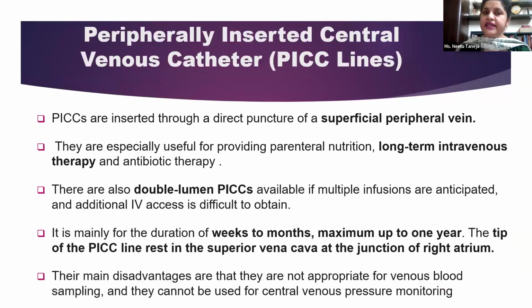Then come the PICC lines, or peripherally inserted central venous catheters. They are inserted through a direct puncture of a superficial peripheral vein, and can be used for weeks to months. Whenever we have to go for long term therapy where long term IV access is needed, these are again the choice of catheters.